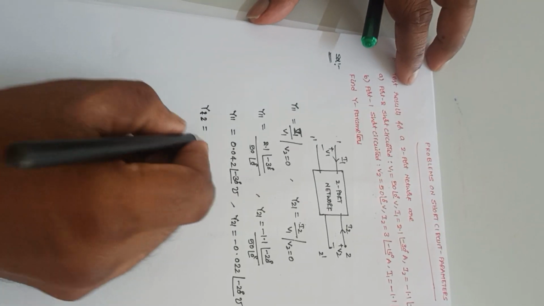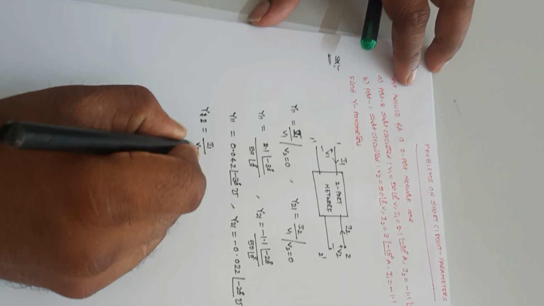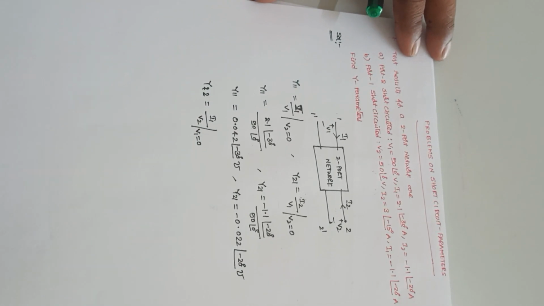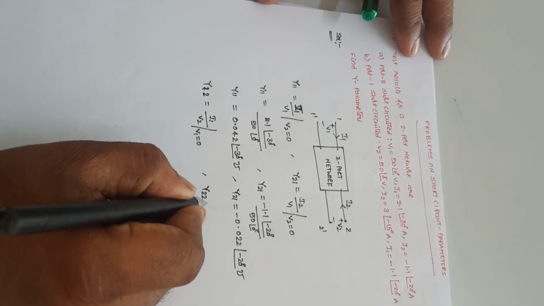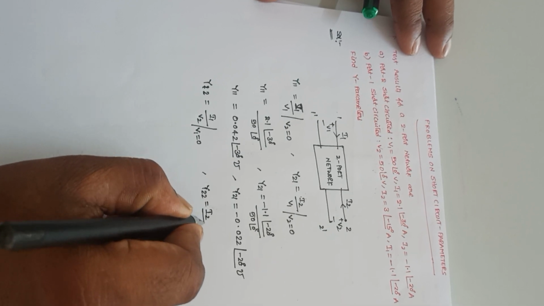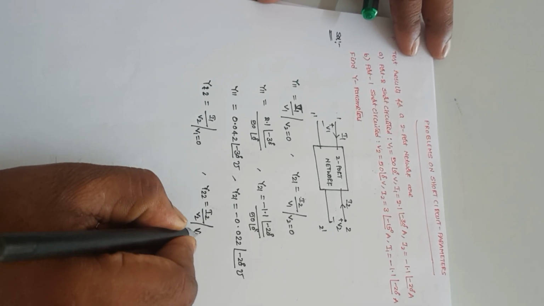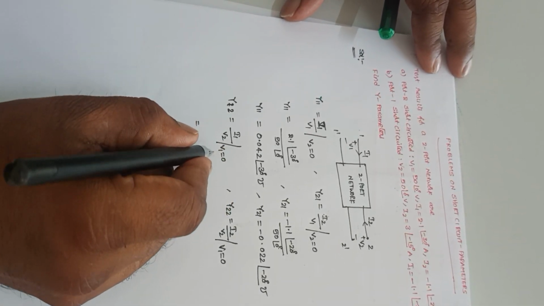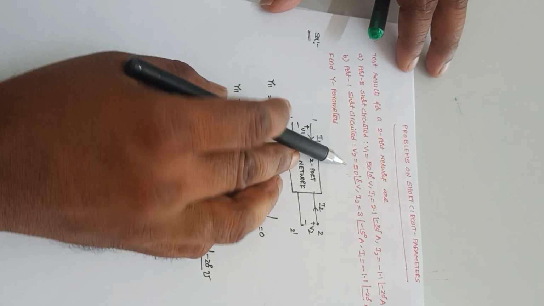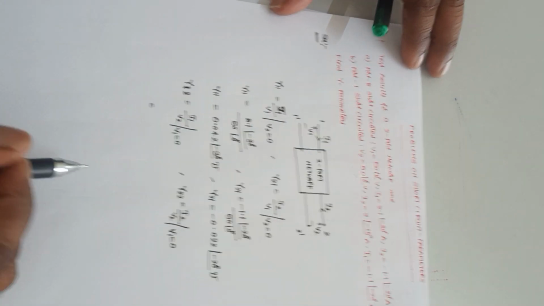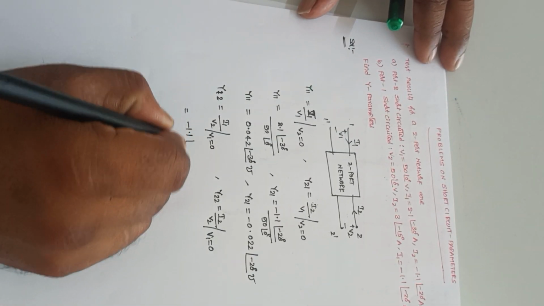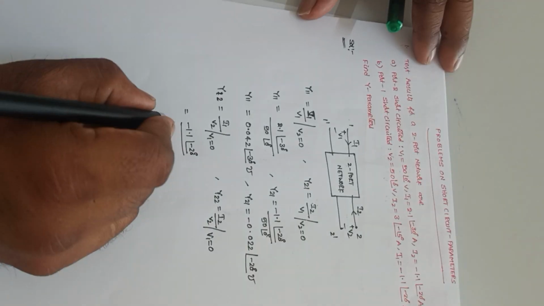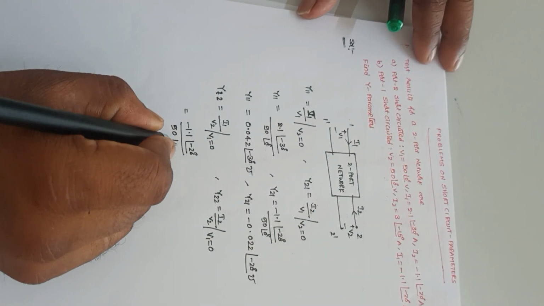Next, Y12 is equal to I1 divided by V2 at V1 is equal to 0, and Y22 is equal to I2 divided by V2 at V1 is equal to 0. So for I1, whenever V1 is equal to 0, meaning port 1 is short circuited, the value of I1 here is minus 1.1 at an angle minus 20 degrees divided by V2, which is 50 at an angle 0 degrees.